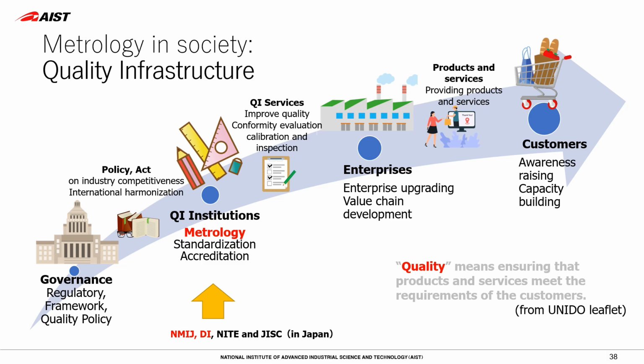Policymakers, including the government when considering a country, decide policy and set up rules and regulations for customers. This is the whole story of how the quality infrastructure works. My organization, the National Institute of Metrology of Japan, is involved here and works as one part of the QI.